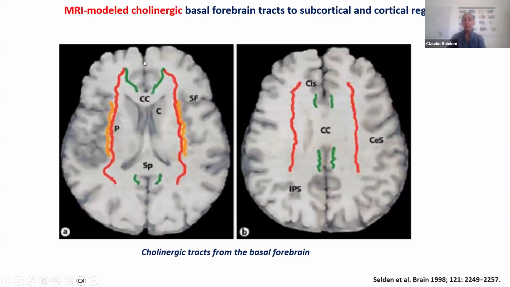And today it's possible to quantify the lesions in the cholinergic tract from basal forebrain to cerebral cortex, because we have a mask in the magnetic resonance imaging indicating where the cholinergic tracts are in the brain. And you see here the tracts in red, yellow, and green. And so we measure the lesions in these tracts.